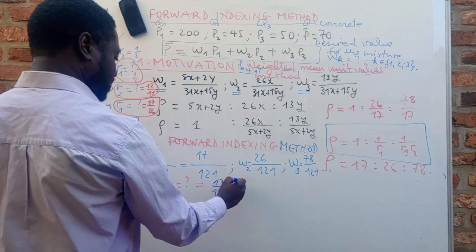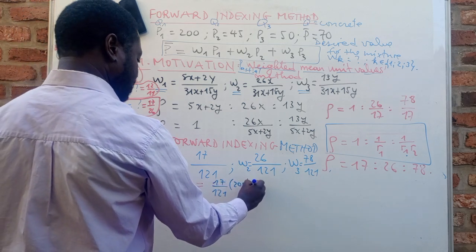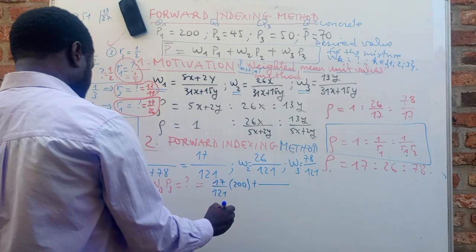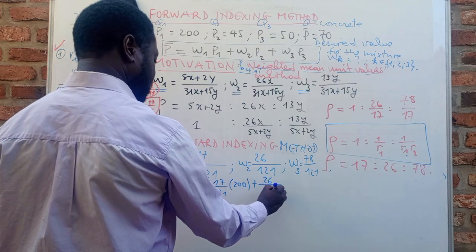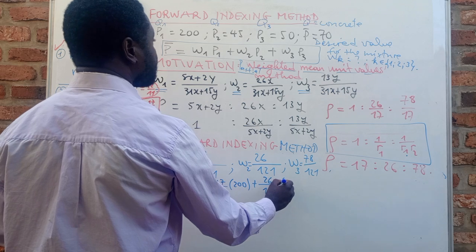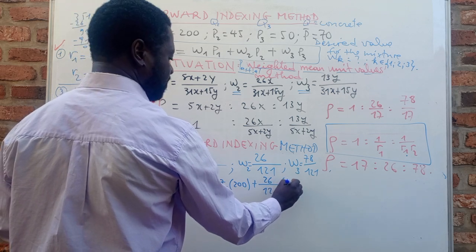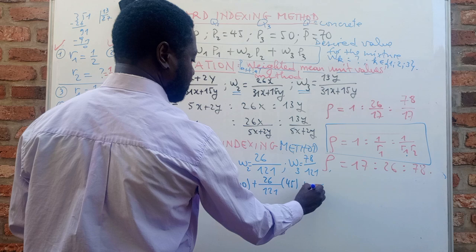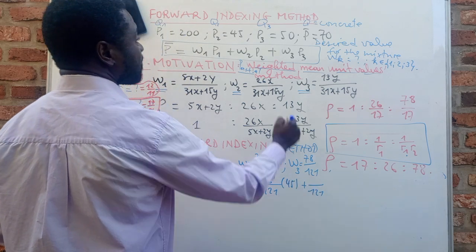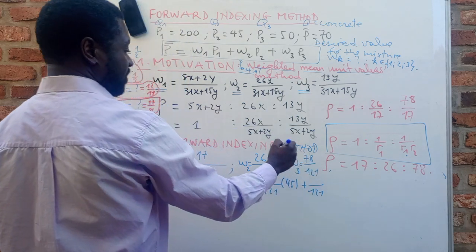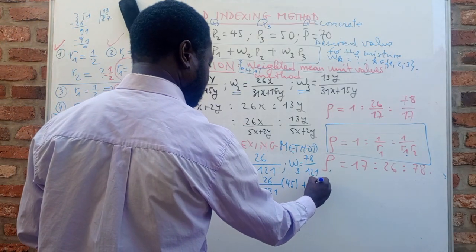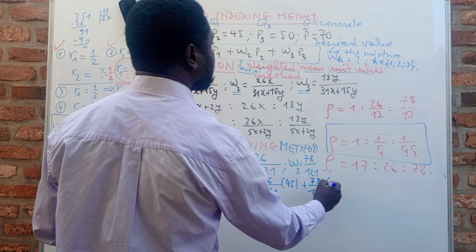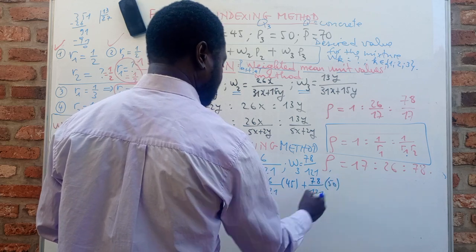P1 is 200, plus now 26 over 121 times P sub 2, which is 45, plus now 78 over 121 times 50.